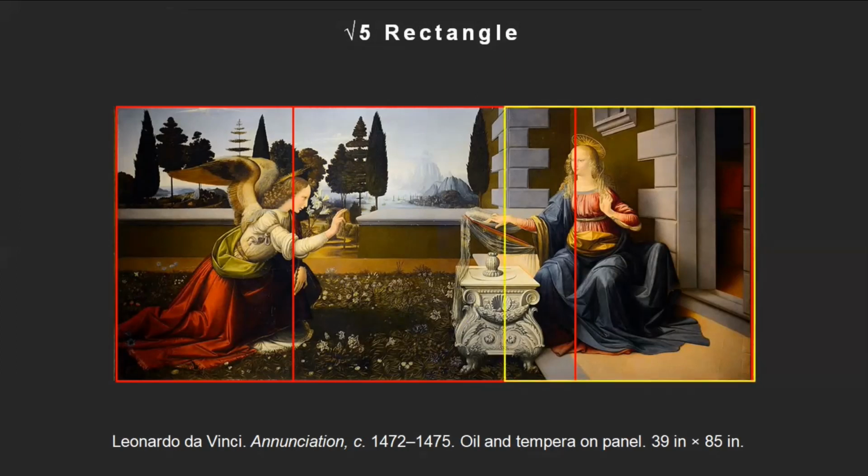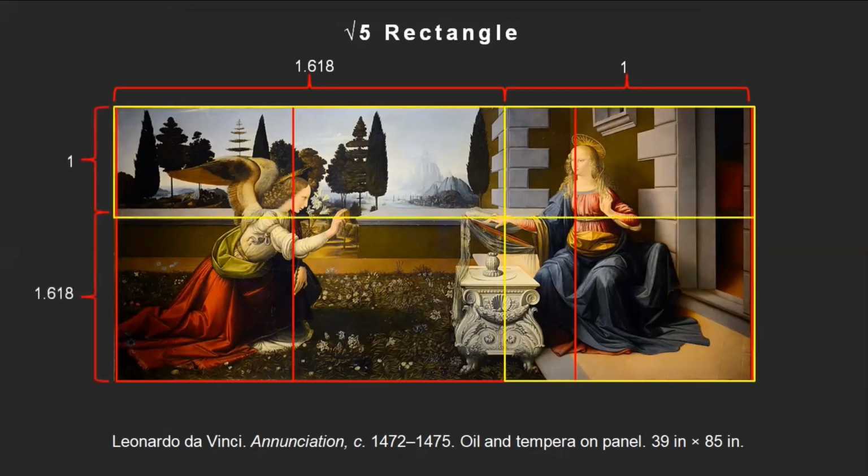This highlighted section in yellow on the right creates an area of 1 when compared to the rest of the composition, which contains an area of 1.618. So even in this root 5 rectangle, Da Vinci is making use of golden mean proportions. Here we can see the division of 1 to 1.618.